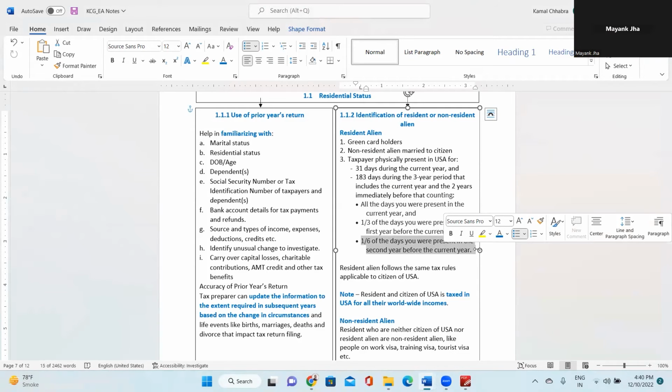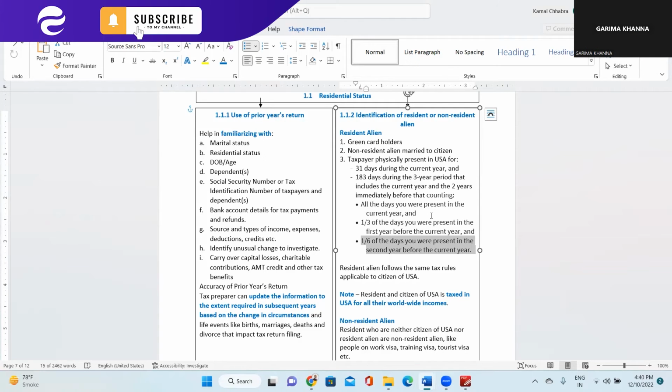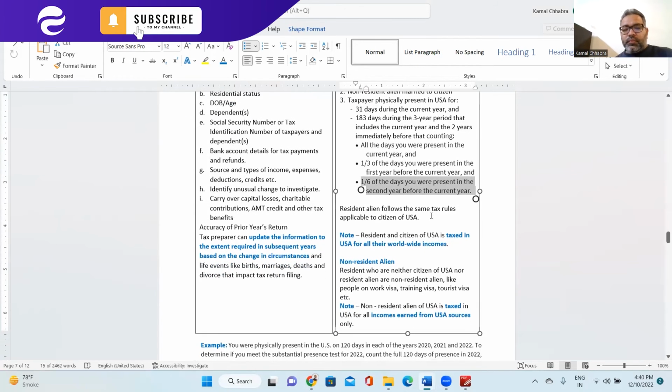So that's the reason you calculate in this fashion: 100% of the current year days, 1/3 of the previous year days, and 1/6 of the year before that. Right? Make sense? Yes, sir.